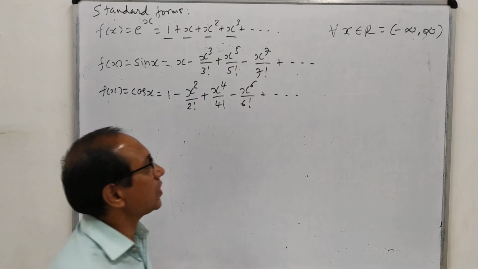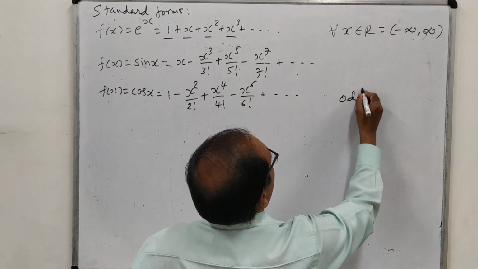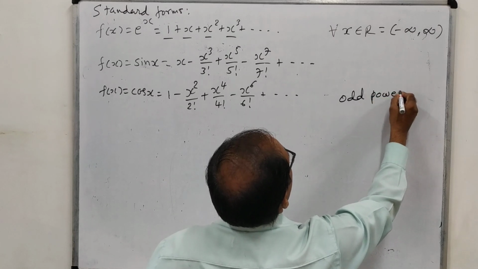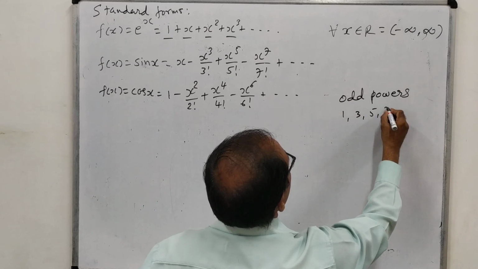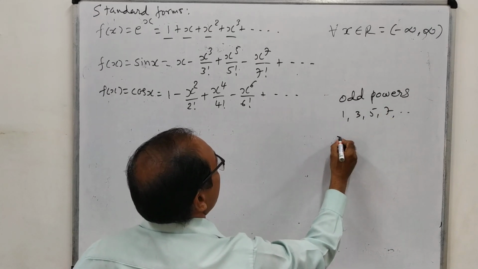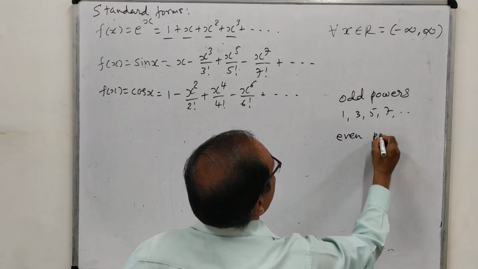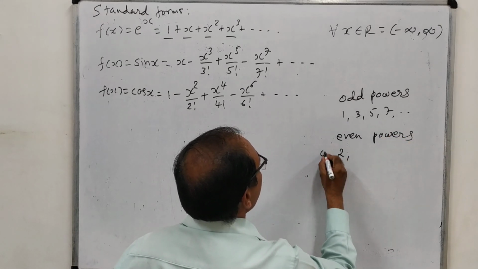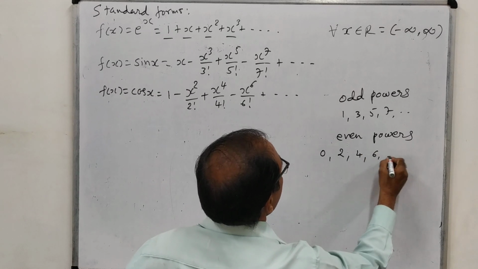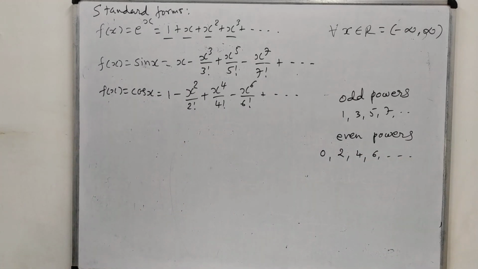Odd powers means the powers 1, 3, 5, 7 like this. And even powers means the powers 0, 2, 4, 6, etc. Okay? So we have also discussed this kind of series.